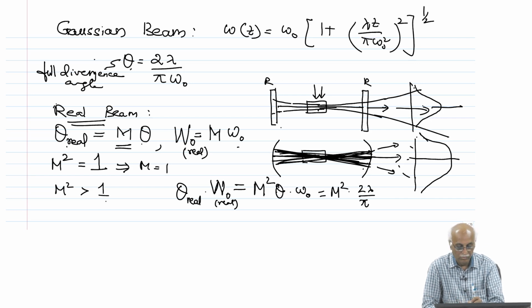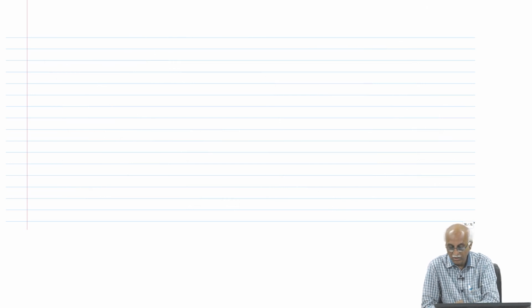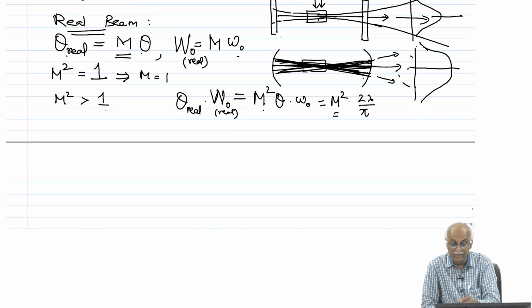If it is 1, it is ideal beam characteristics. If it is more than 1, there are multiple modes hidden in this cavity laser system. We cannot find them out individually, but we represent them by a parameter M square.